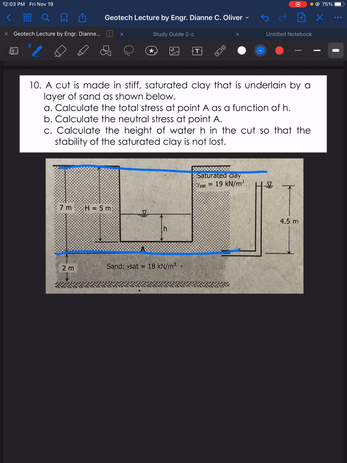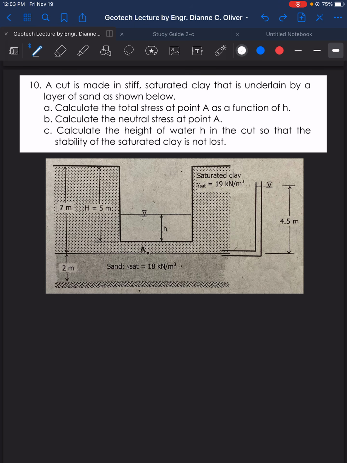So we have here a clay layer, and then we have here sand. What happens here is, in this clay layer, it is cut here. Okay, so that's the scenario. So a cut is made in stiff saturated clay that is underlain. Again, the word underlain: the clay has a sand layer under it, as shown below.